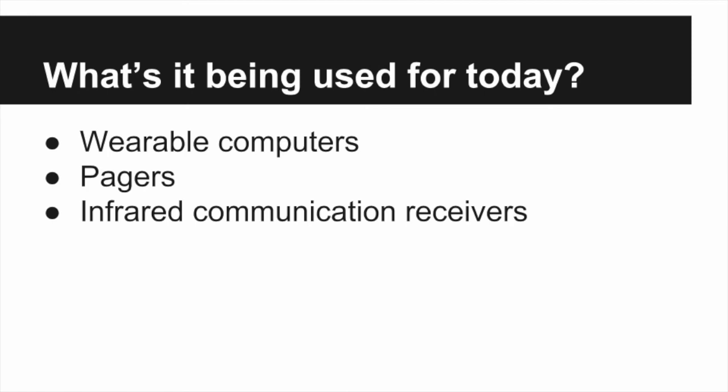And infrared communication receivers are a very similar type of system. They are peripherals to normal computation devices, so they already use inherently small, pretty simple circuitry, but it can be used quite frequently depending on how much they're being used in their given applications.